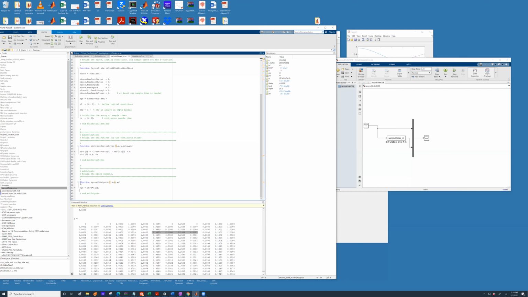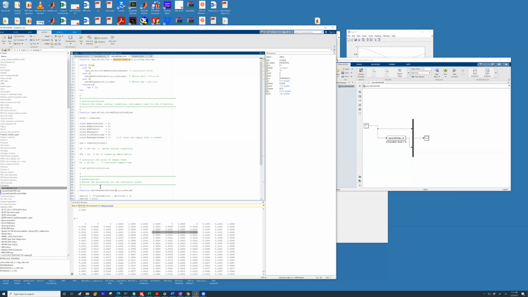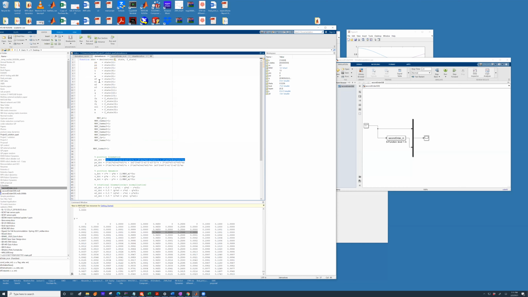Next, you have this function, which is nothing but the output, which means the states that are coming out. The output is state 2 multiplied by a constant. So this is the output of the function. This is exactly the same as x dot.